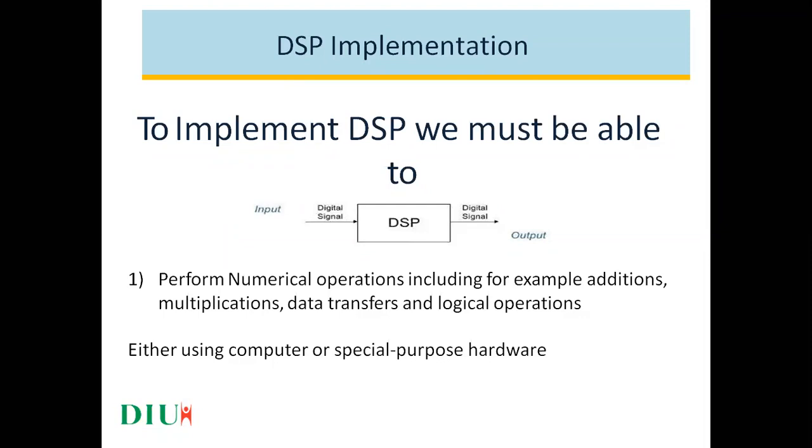The output can be in digital form or it can be an analog quantity. So we can implement this DSP either directly on a computer, or by using special purpose hardware.